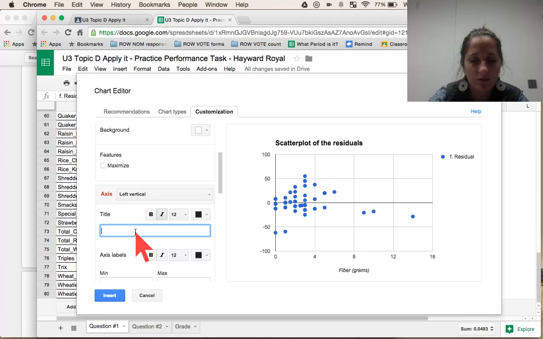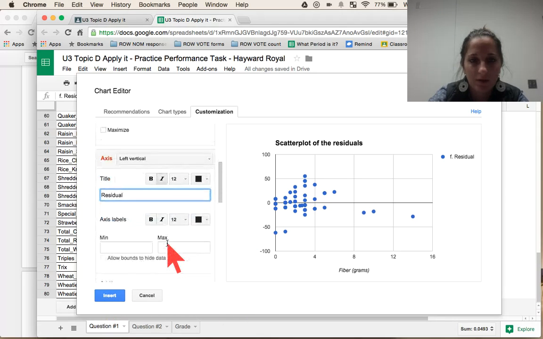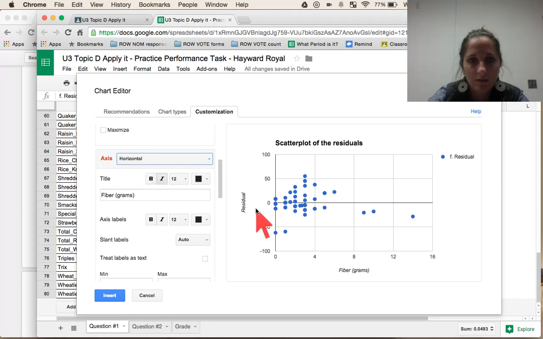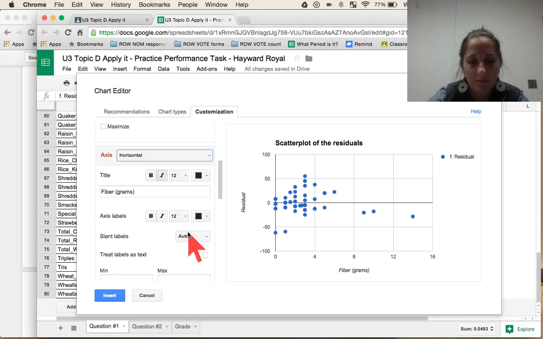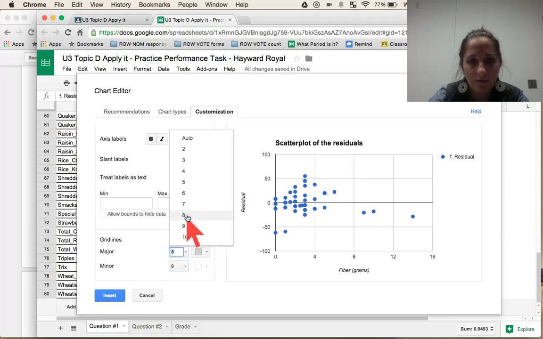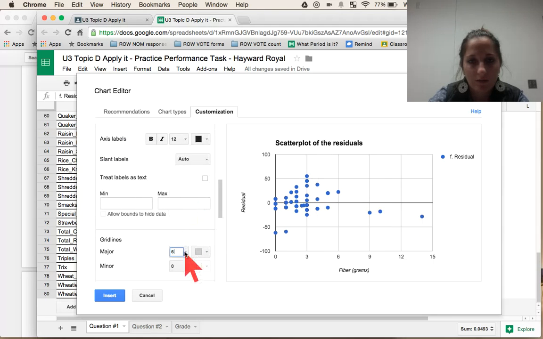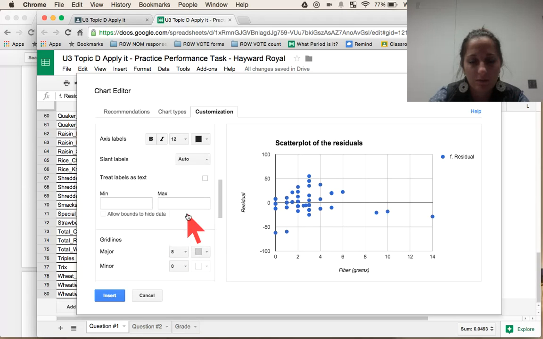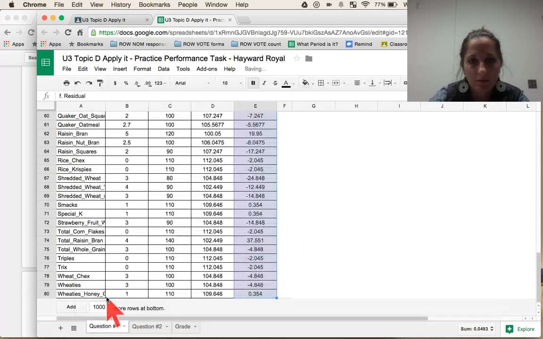And then I make sure this axis is labeled residual. And then maybe I'll change this really quick so that it was the same as the other one, which I think went by 2s. Perfect. Looks good.